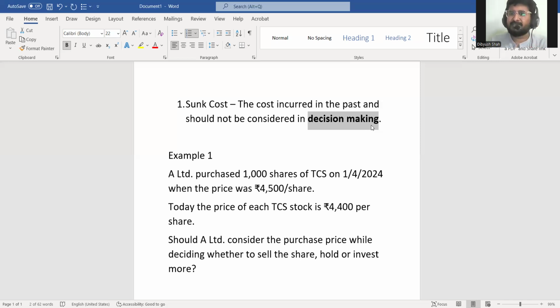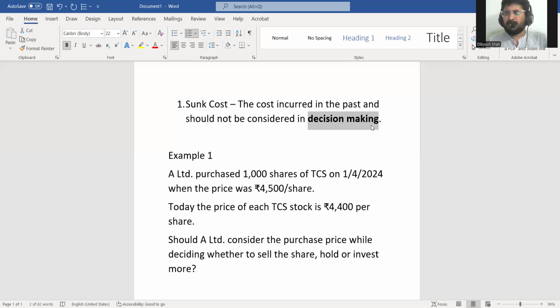So this is the first cost, irrelevant, sunk cost. The cost that was incurred in the past is completely irrelevant in decision making. When you are making a decision whether to sell the share of TCS, hold on to this share, or purchase more, it should be based on future factors, not because you paid some money earlier or years back.